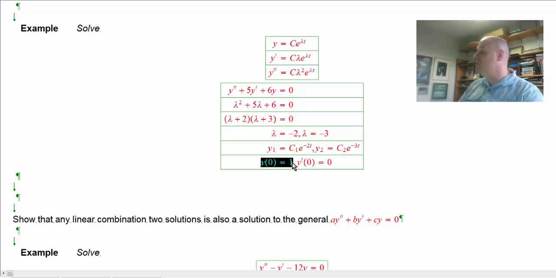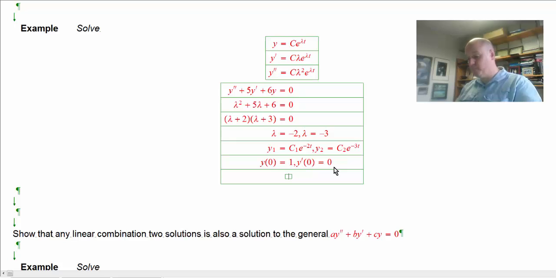This initial condition can be solved for both y1 and y2 if the c's are 1. This initial condition can be solved for y1 and y2 if both the c's are 0. But I need to be able to satisfy both of these. Each c can't do the job of satisfying the initial conditions on their own.